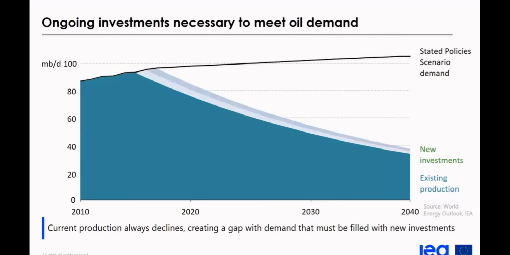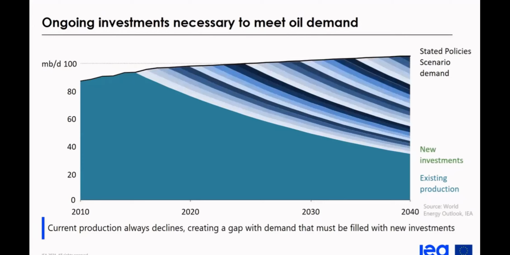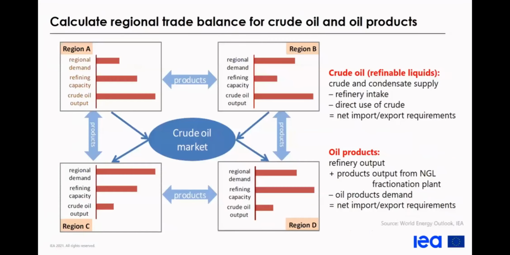So there is a need to invest, and to invest continuously, to ensure that there is a match between demand and existing production. There are calculations which are made at regional level to ensure that there is a match between demand for crude oil, refining capacity, and demand for oil products.